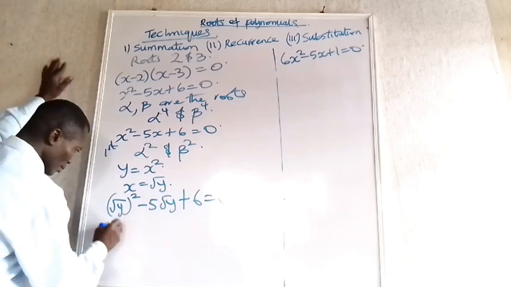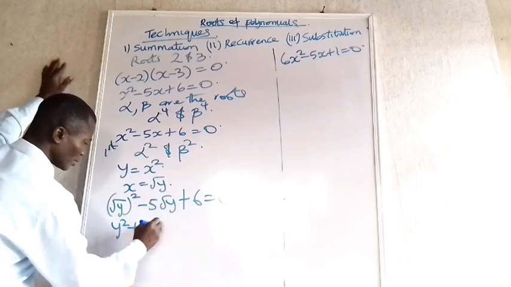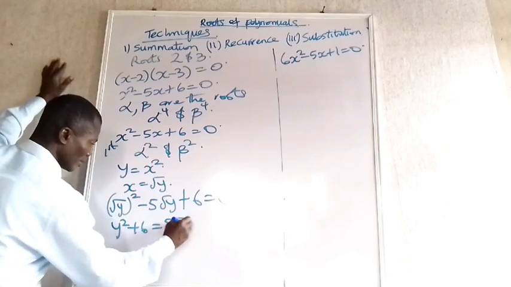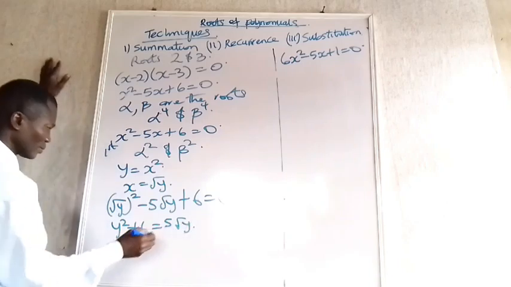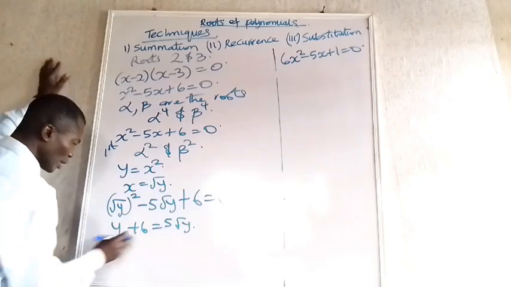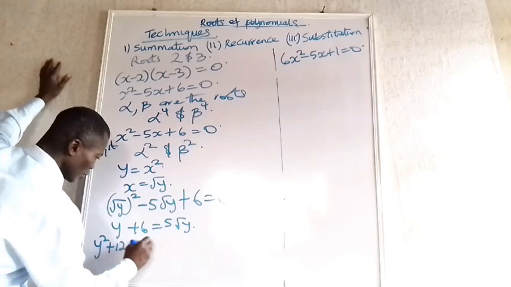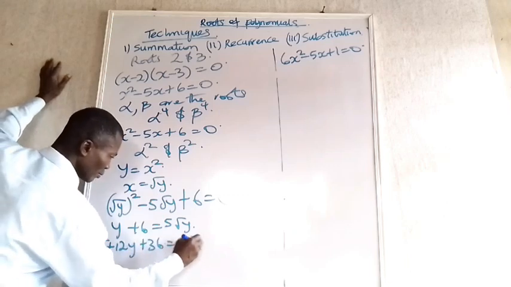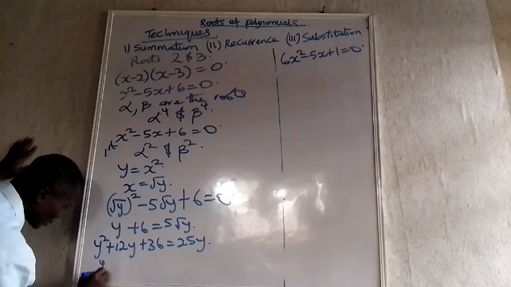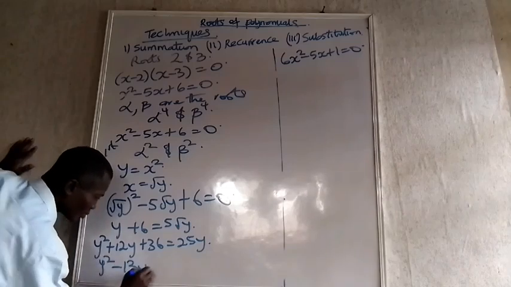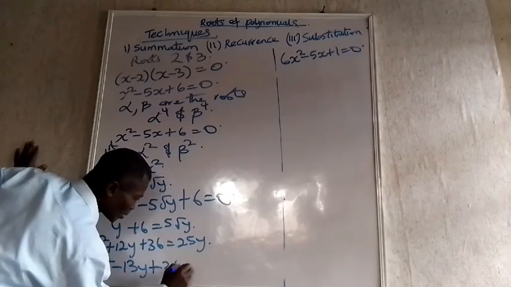Now, this is y plus 6 is equal to 5 root y. So squaring both sides, I got y squared plus 12y plus 36 is equal to 25y. So y squared minus 13y plus 36 equals 0.